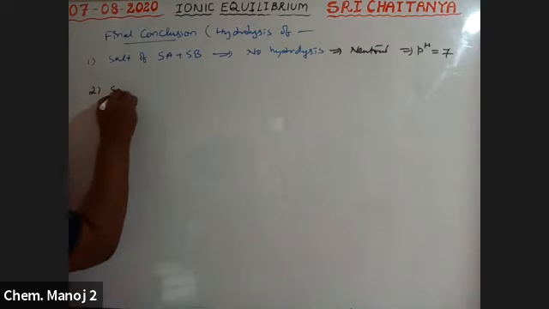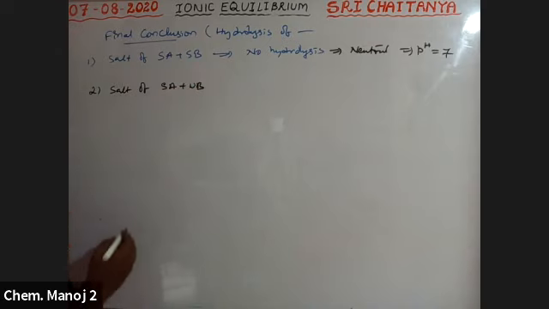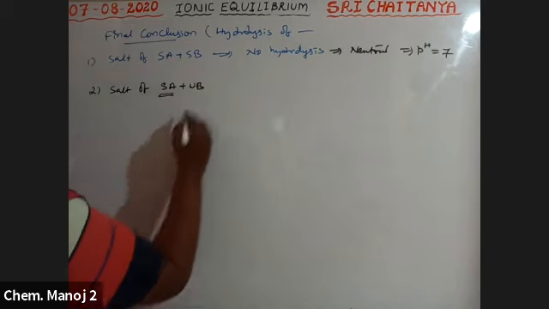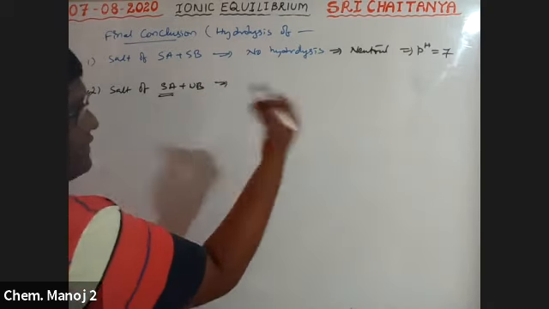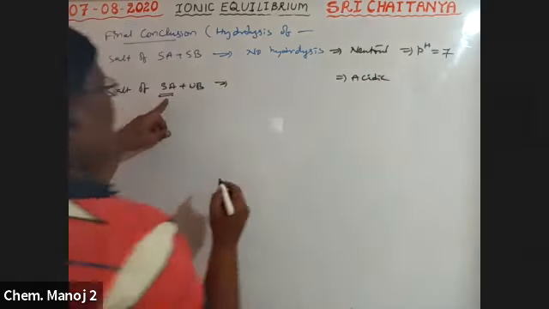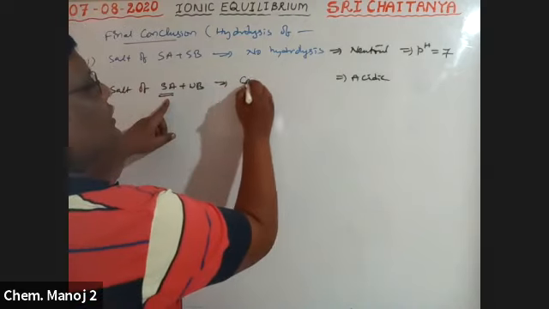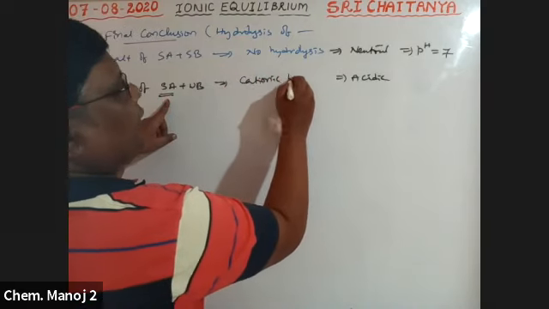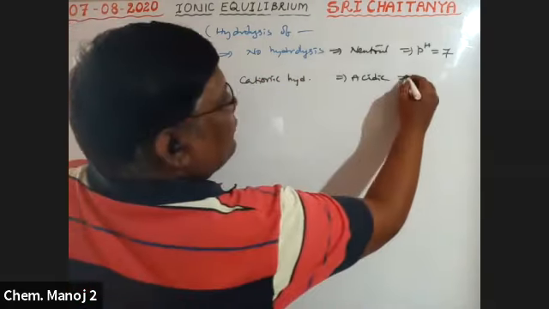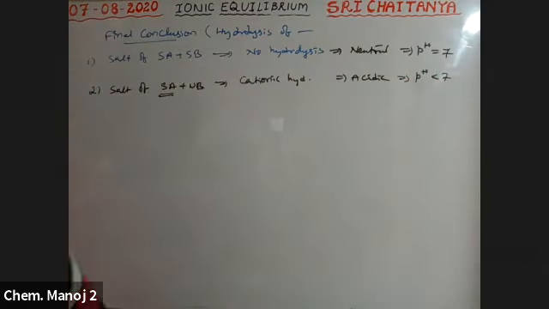Next, second case: salt of strong acid plus weak base. Here the acid is strong, therefore it is acidic in nature, boys. Strong acid, acidic, H plus, means cationic hydrolysis takes place. pH is acidic, meaning less than 7.